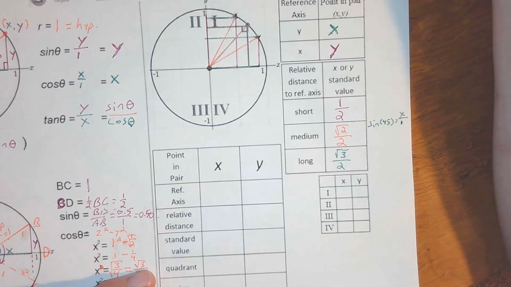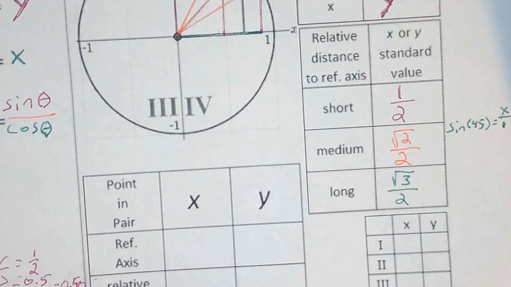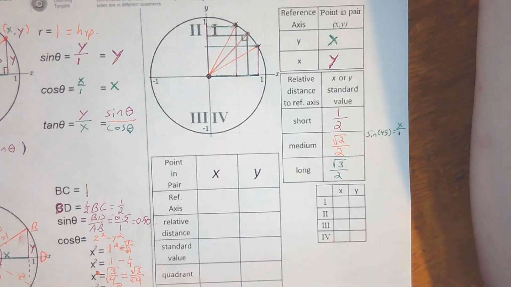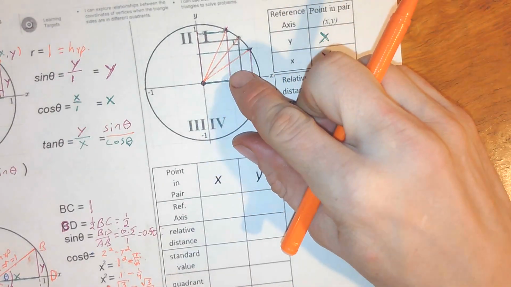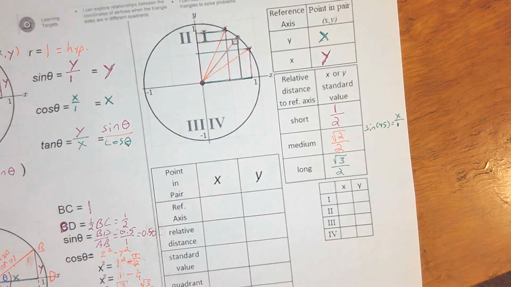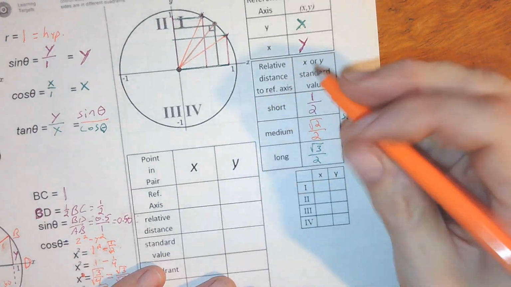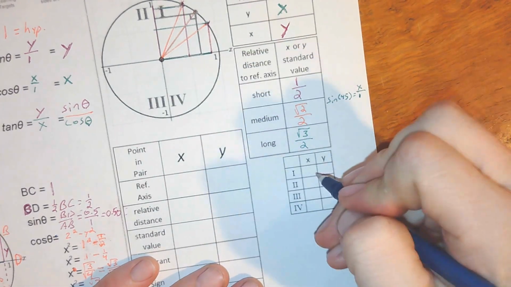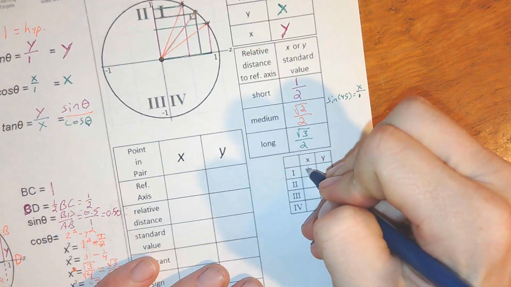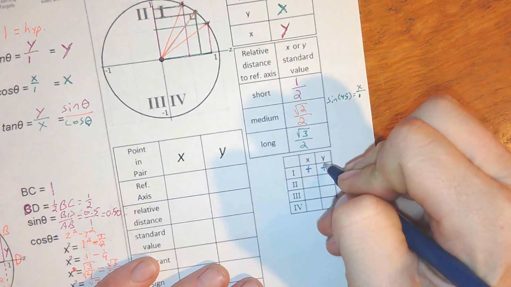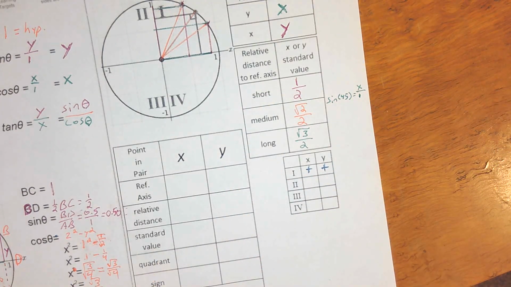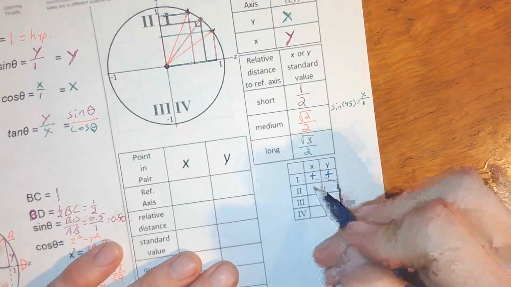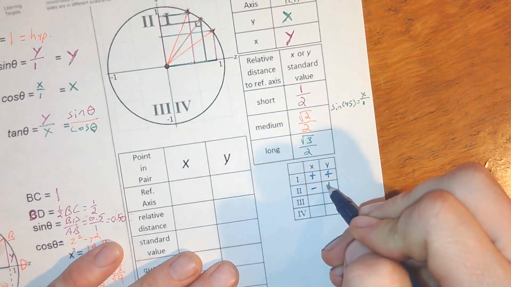So then we have to figure out what quadrant these are in, right? If it is in quadrant 1, both the x's and the y's, I'm gonna make this blue, are positive. If it is in quadrant 2, the x's are negative and the y's are positive.